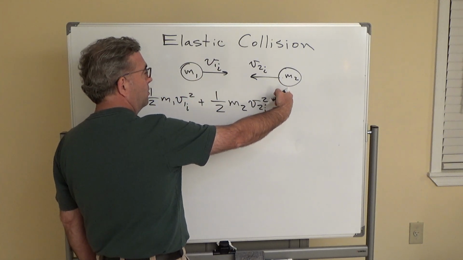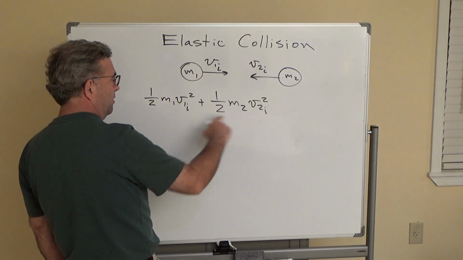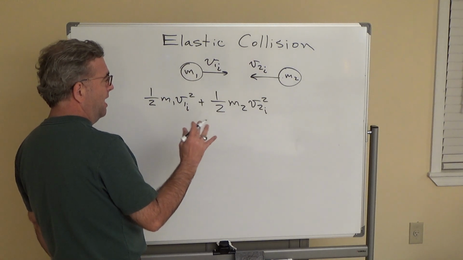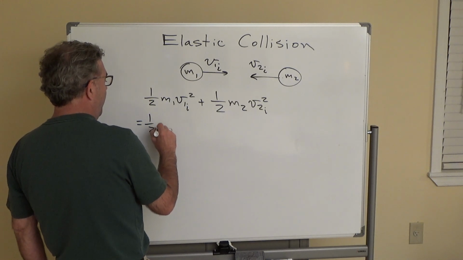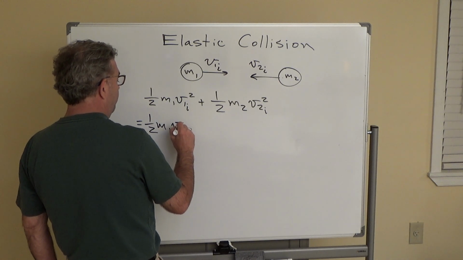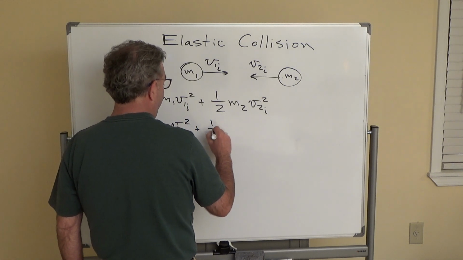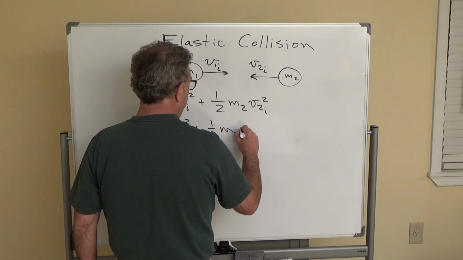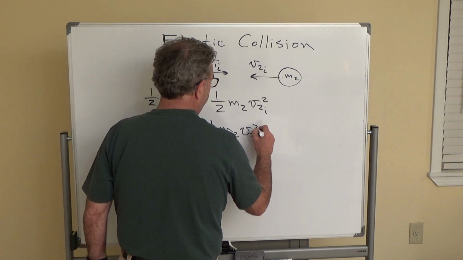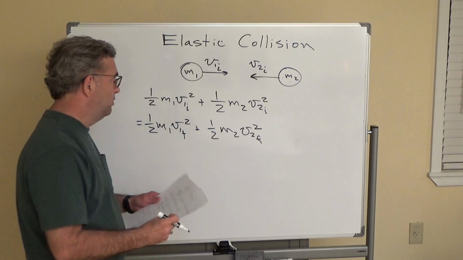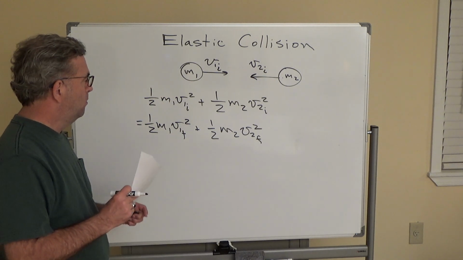That's the kinetic energy of M2. That's prior to the collision. Kinetic energy is conserved, so post-collision you have 1/2 M1 V1 final squared plus 1/2 M2 V2 final squared. That's the kinetic energy post-collision. Those must be equal to one another.